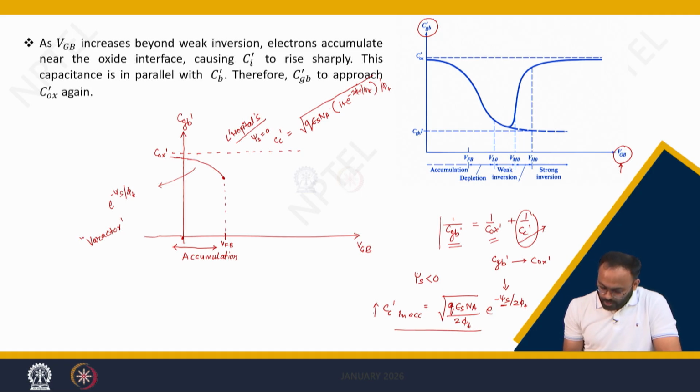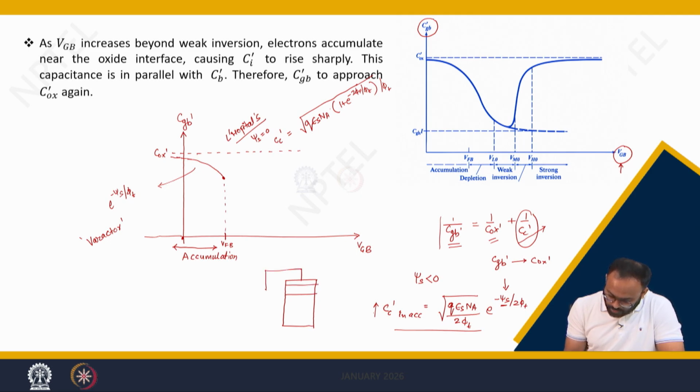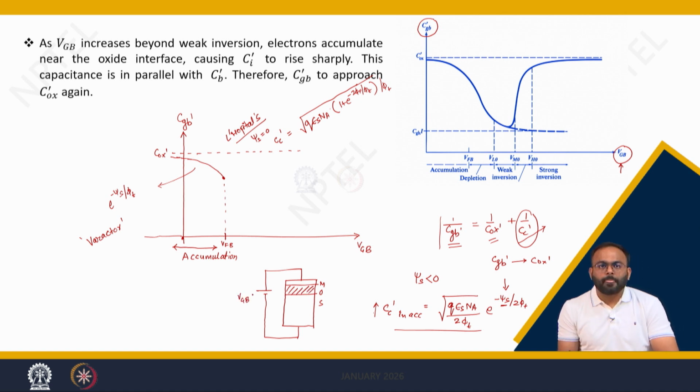Now, let us go and increase the VGB towards the positive direction. So, for the sake of simplicity, let me make a 2 terminal structure. Here we are applying VGB, this is metal, this is oxide, and this is semiconductor. So, when you increase VGB, what will happen? Initially, the positive VGB will repel the holes towards the body.